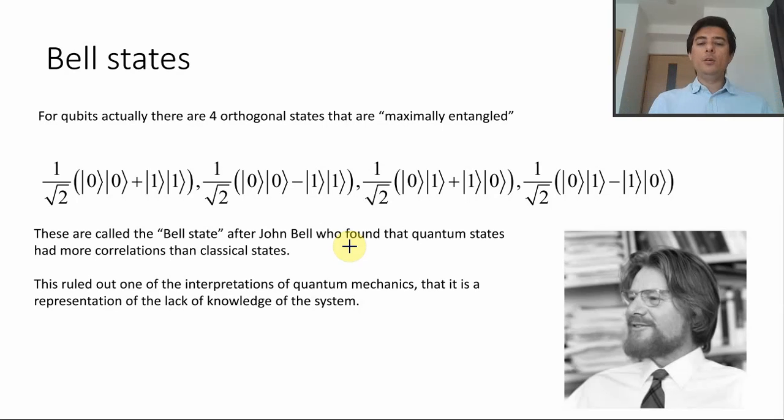So he showed that it's possible to disprove that you can interpret quantum mechanics in a particular way using these types of entangled states.